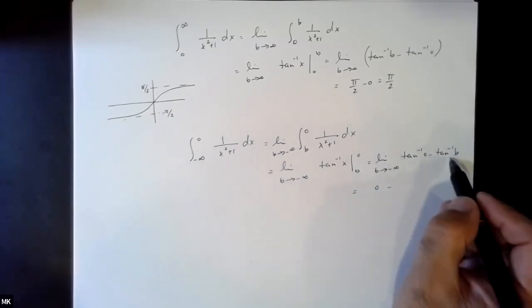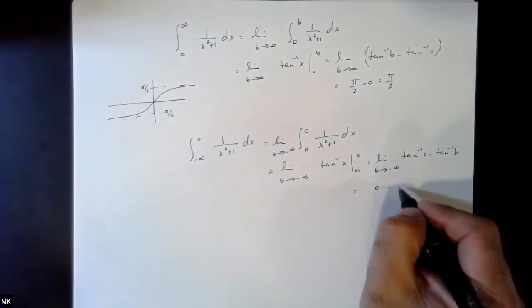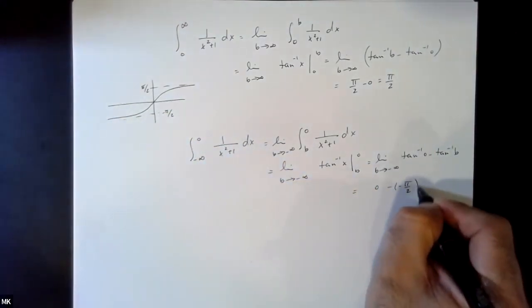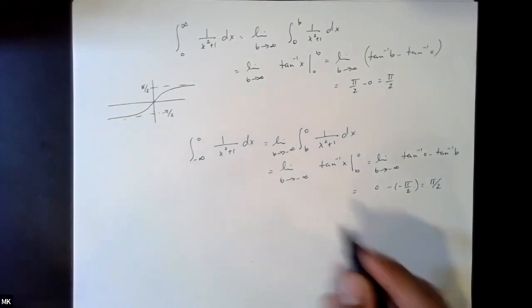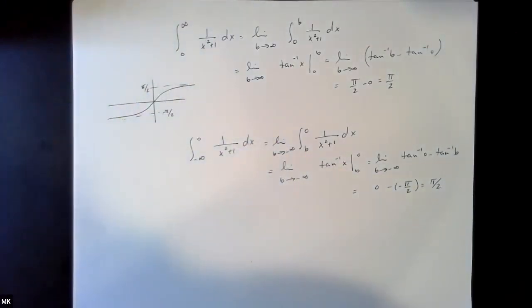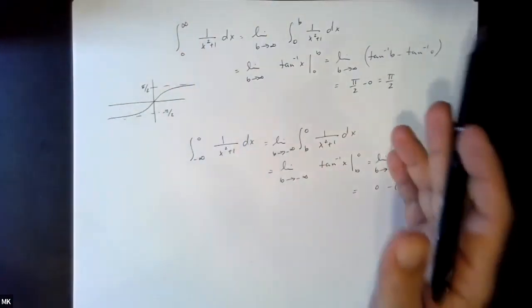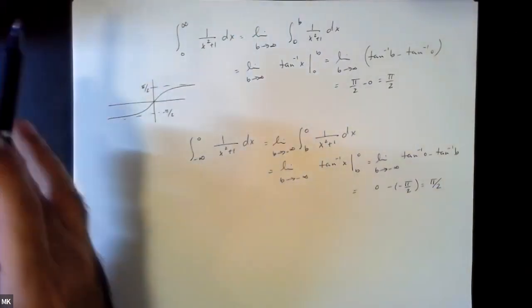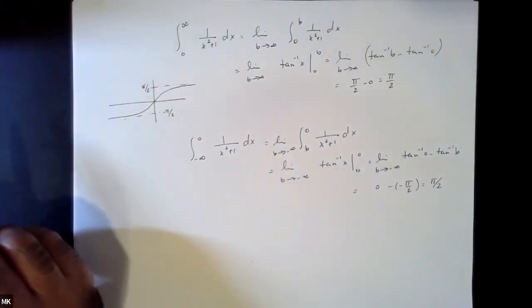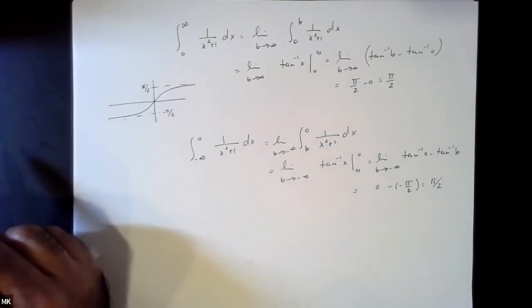As b goes to negative infinity, tan inverse goes to negative pi over 2. It's not surprising because 1 over x squared plus 1 is a symmetric shape. It's an even function with respect to the y-axis. So whatever the area is above 0 and the area below 0 would have to be the same. So it's not a surprising result, but it's nice to see how the process will go.